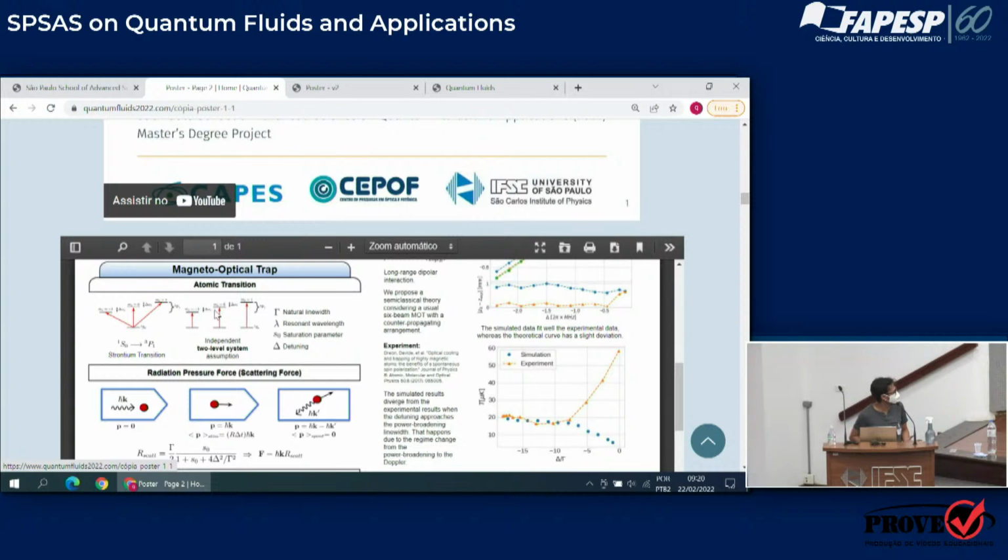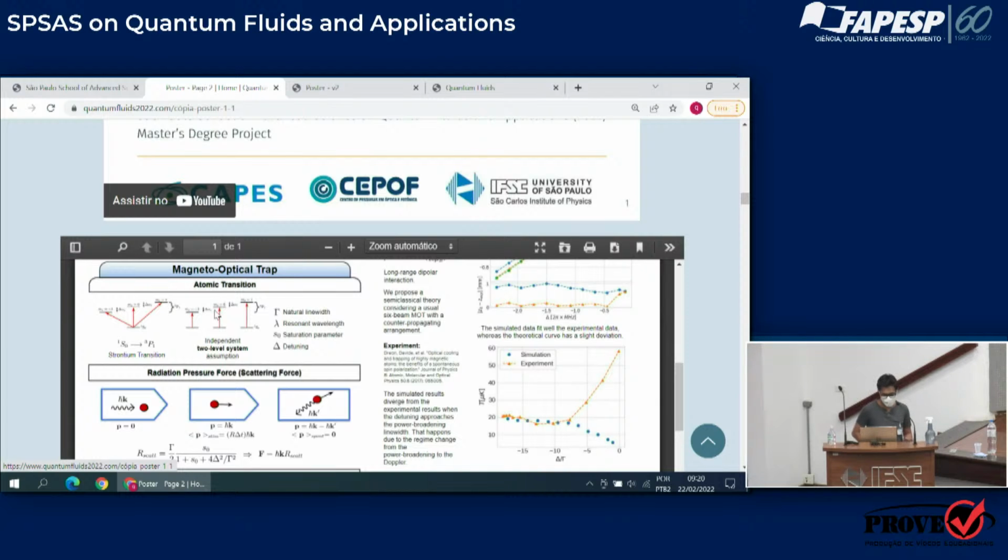And usually you have a 4-level system, and you have to make the assumption of independent 2-level systems. This can only be done if you consider the approach where the atomic cloud falls down.